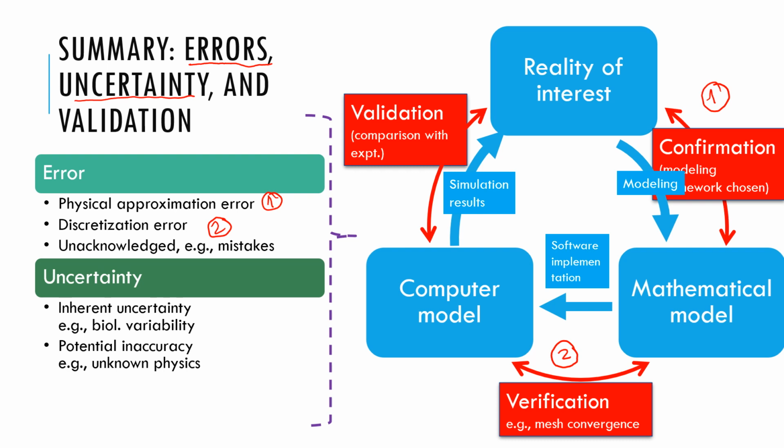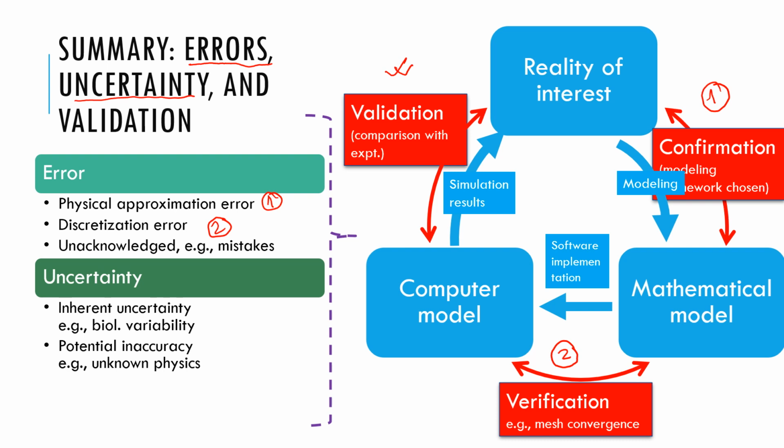Besides, there can also be unacknowledged error, like mistakes, very real. So they all get lumped together and compared with the experiment at this stage, and that is referred to as the validation.